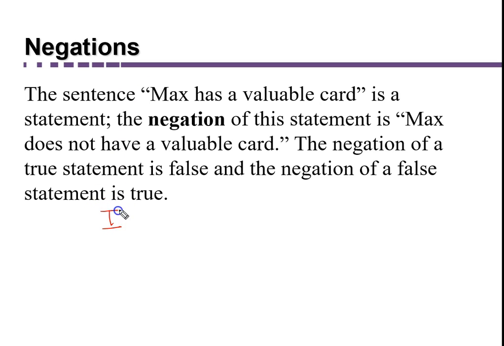I got no money. Well, does this person have money, according to this statement? And the answer is no. Now, how about if I put another negative in there? I ain't got no money.